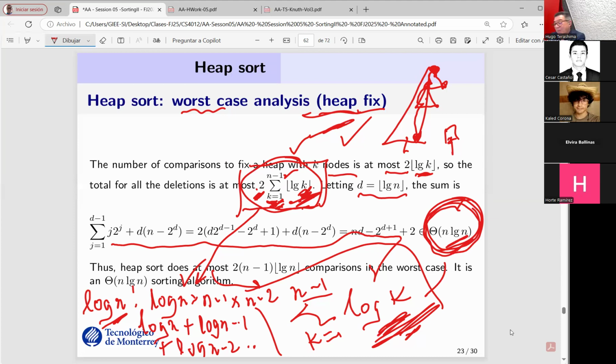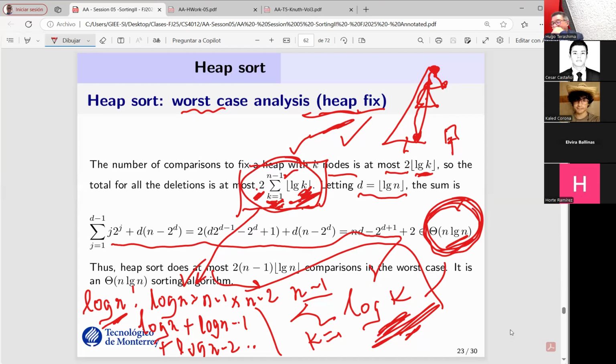So this is the second topic today. It's a different algorithm, and it works in a different way. For the average case, the analysis for the heap sort is very complex.